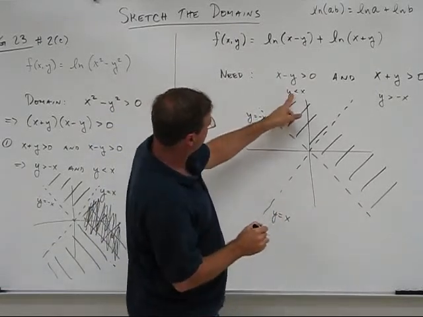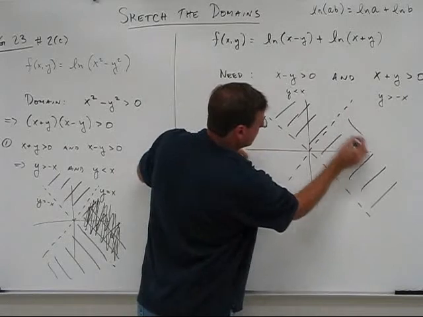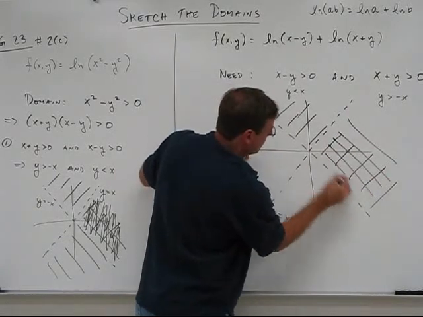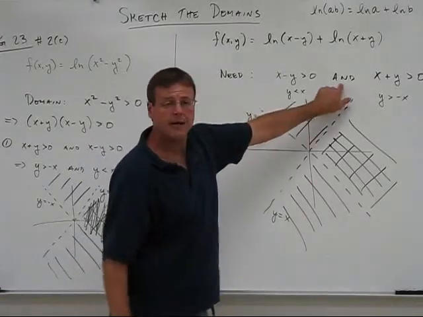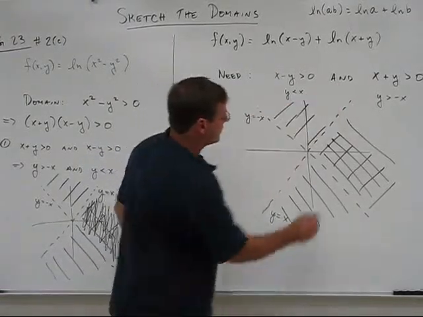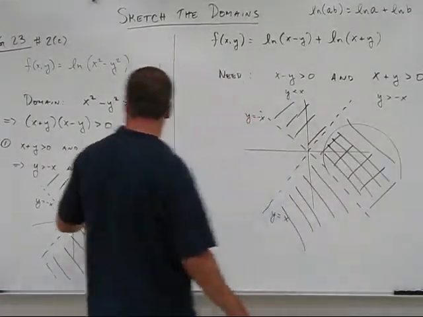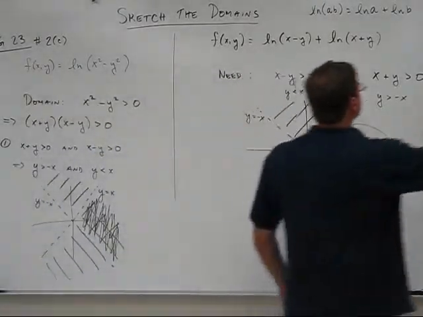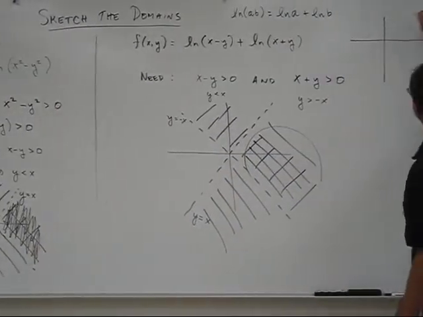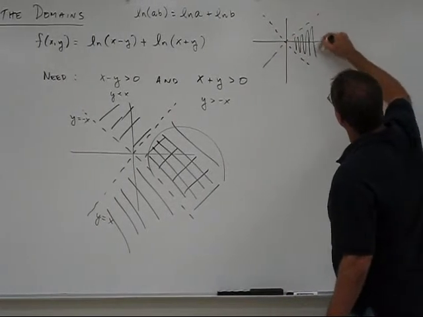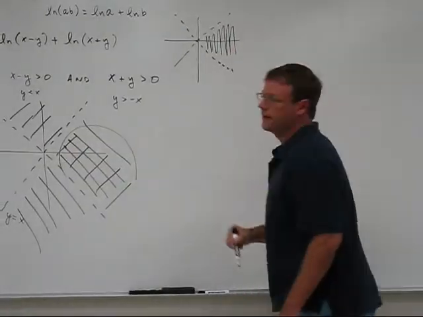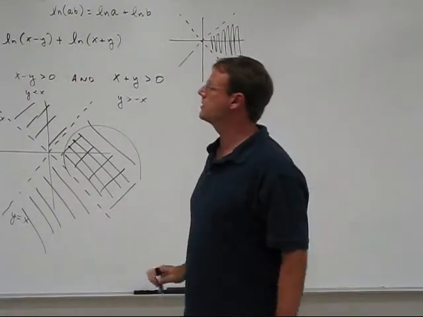If I'm going to be less than x, then I'm talking about all of this stuff. And I have to have both situations, so we're right here. It's the same as this. So it's just a nice clean version. Okay, that's the difference between these two functions. It's very subtle.